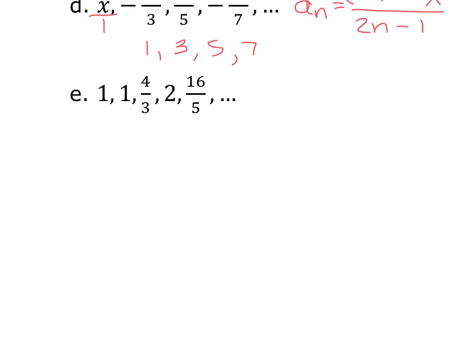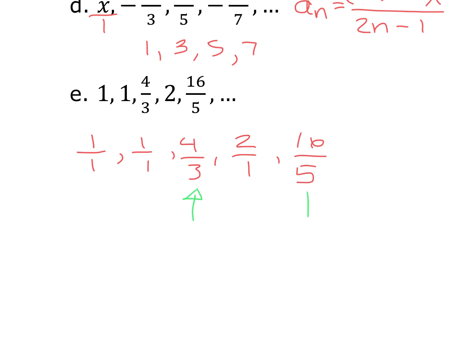Now let's take a look at e here. Well, the thing about e is it's a mix of fractions and whole numbers. So let me rewrite this as 1 over 1, 1 over 1, 4 over 3, 2 over 1, and 16 over 5. Well, look, this is my third term. This one's my fourth term.